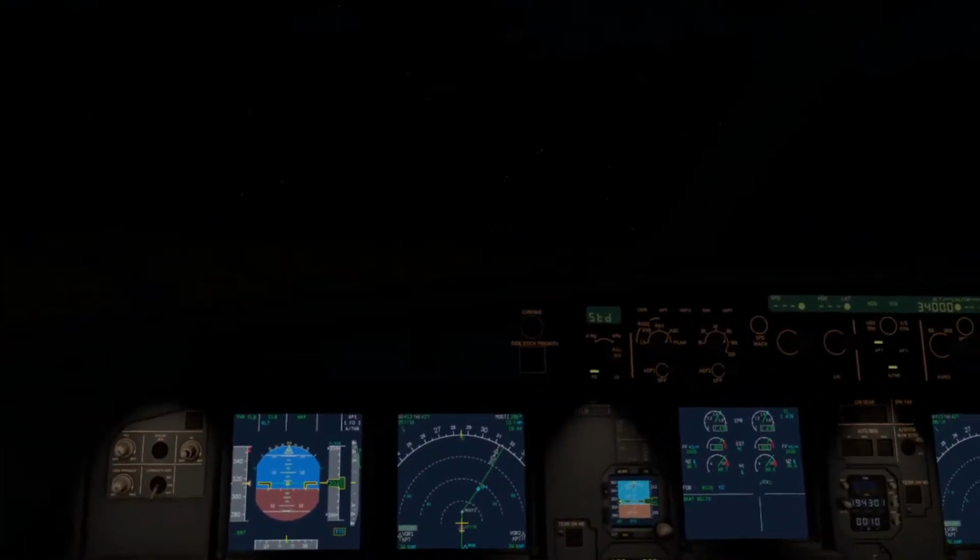You can see the whole area kind of clearing out now from this stormy weather from Innsbruck.